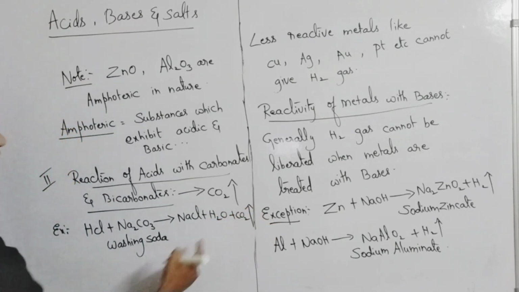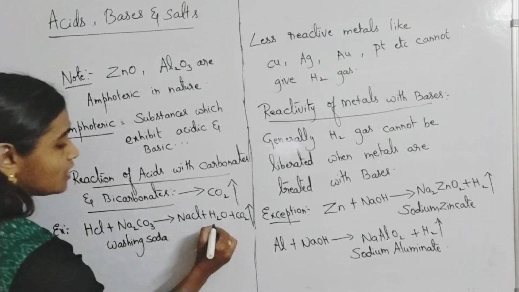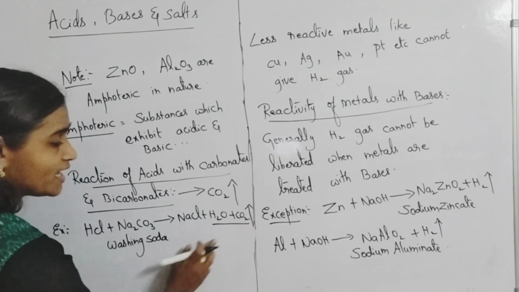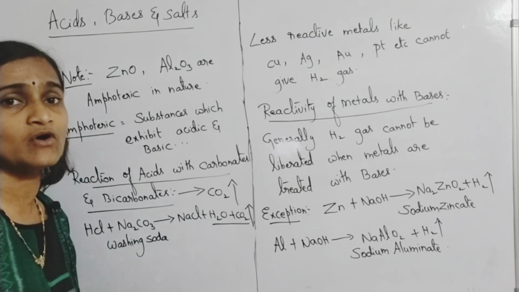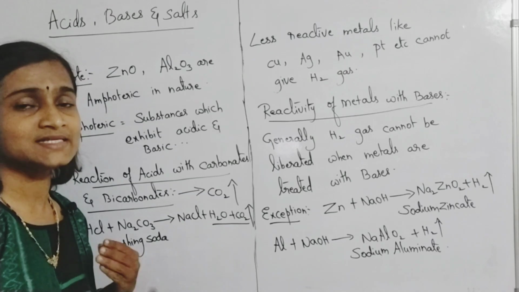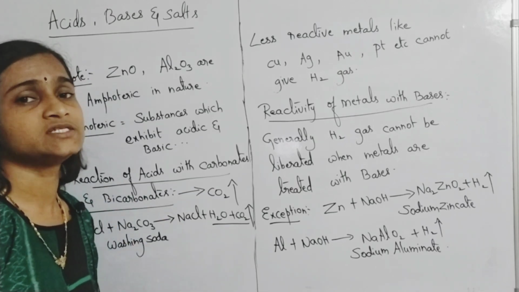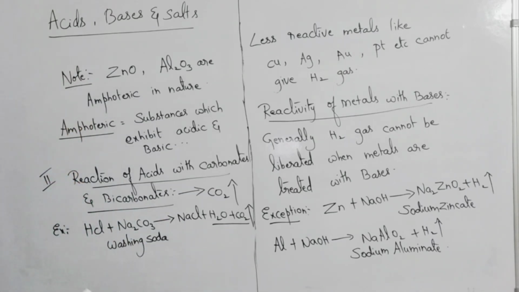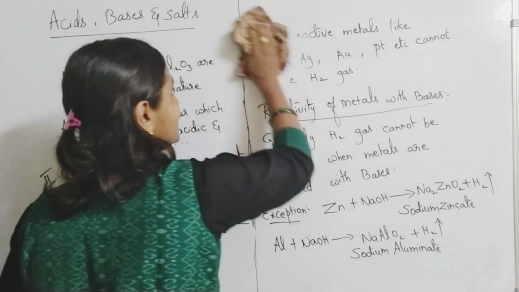Please remember, CO2 and H2O are fixed. This salt, water and carbon dioxide are the fixed products formed whenever any acid reacts with any carbonate salt. Here I took the example of washing soda, Na2CO3.